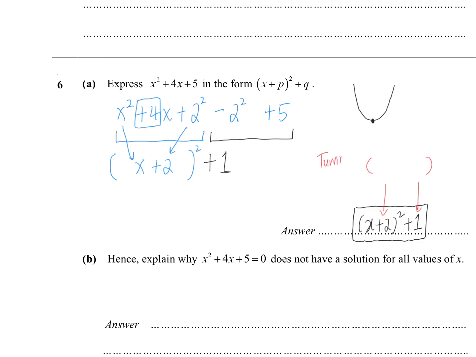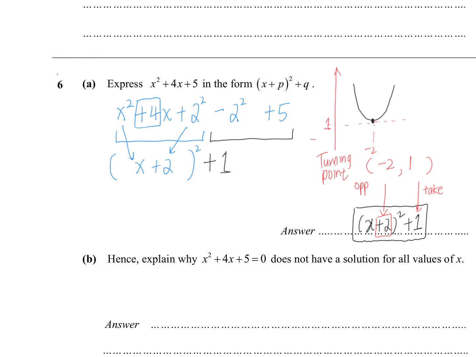Can you still remember how to find it? The x is always the opposite of this, which is minus 2, and the y you just take, so it's 1. So the lowest point of your graph is at minus 2, 1.